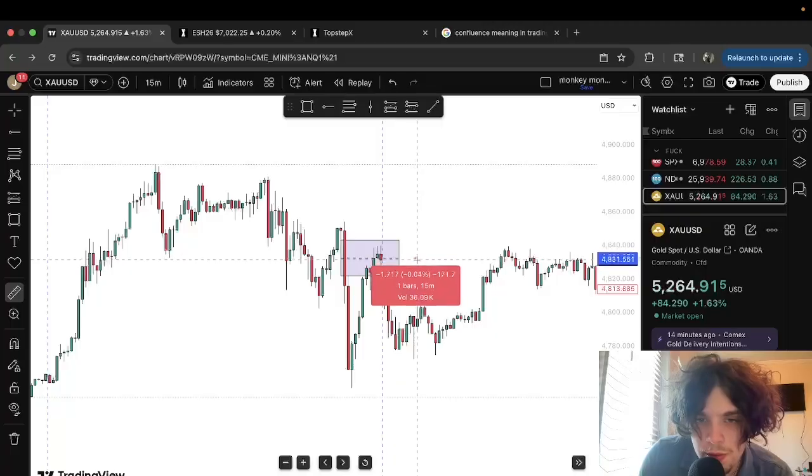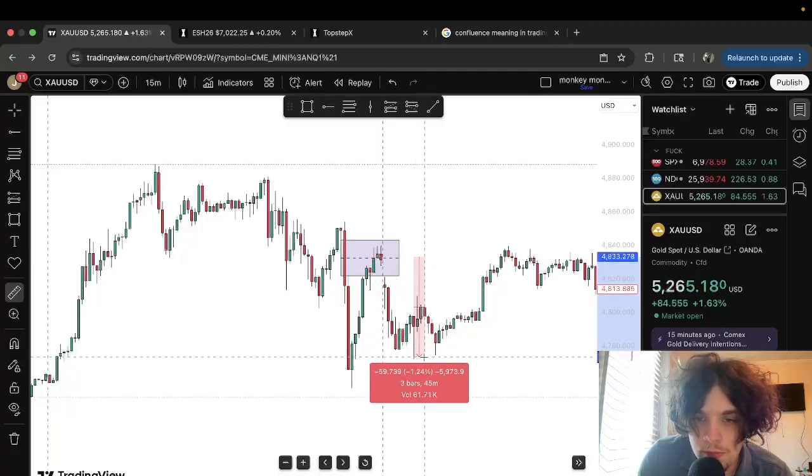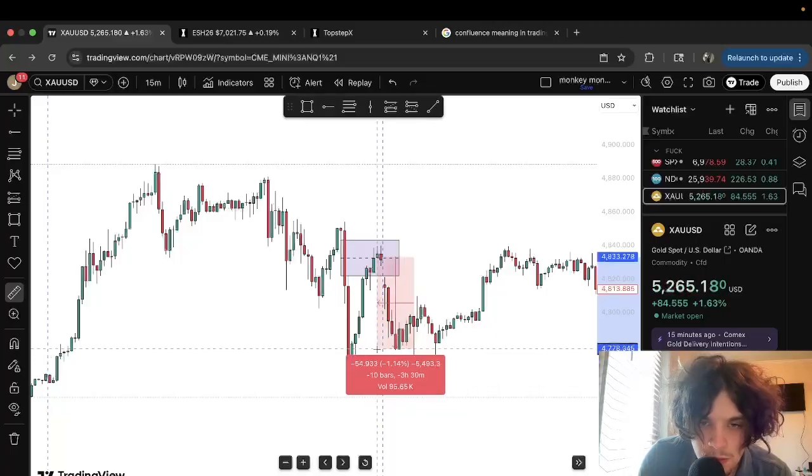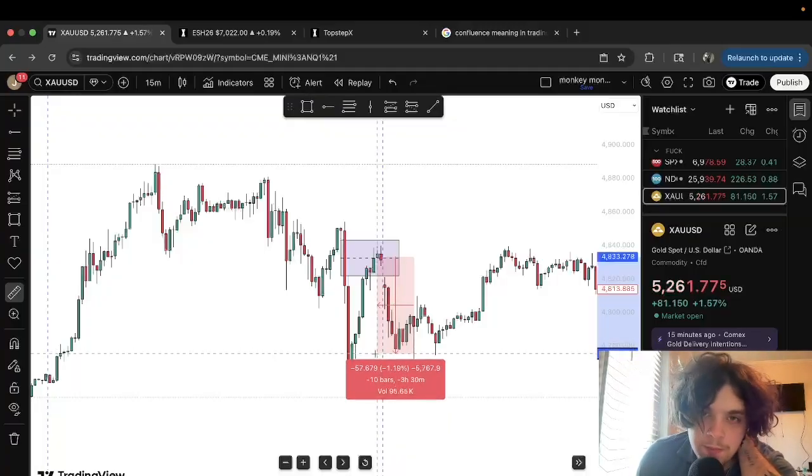This is a ruler. This is to measure how far in value price actually went, right? We'll do it like that. Minus 55 dollars or points.